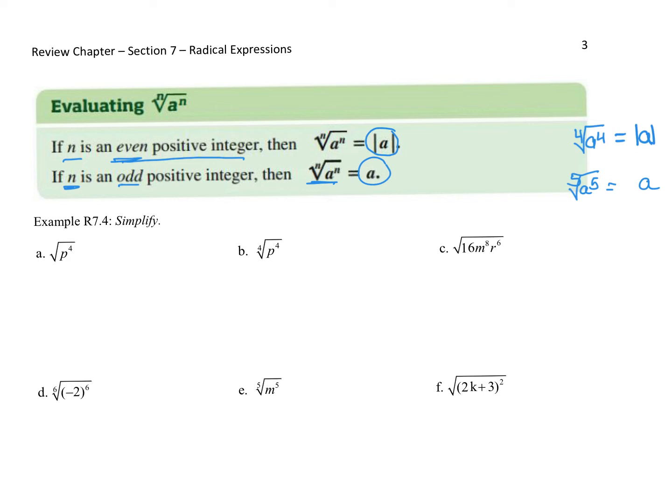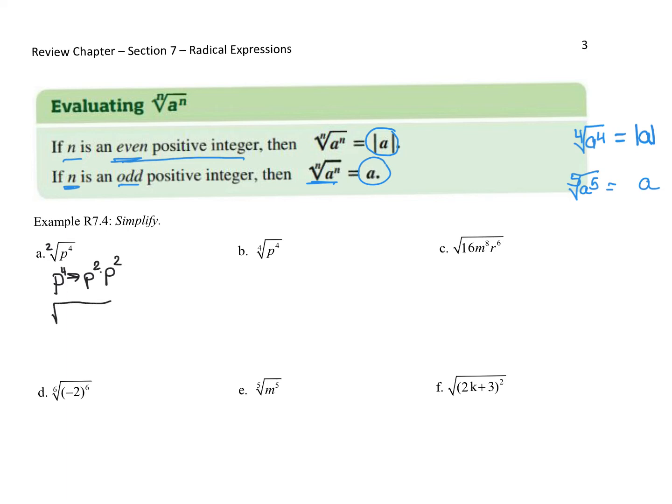So letter A down below is a little tricky. I have p to the 4th power, and that power doesn't match the square root out here. So I can rewrite p to the 4th as p squared times p squared.